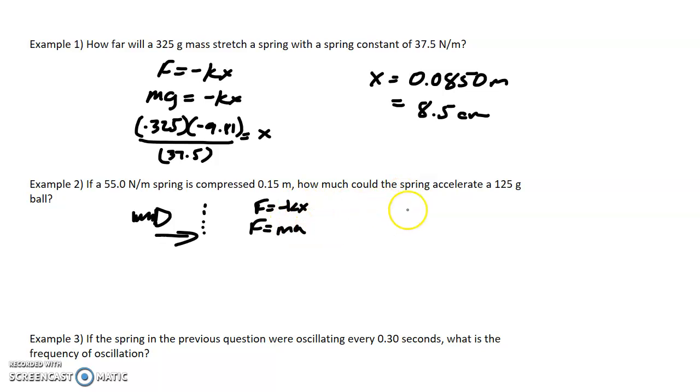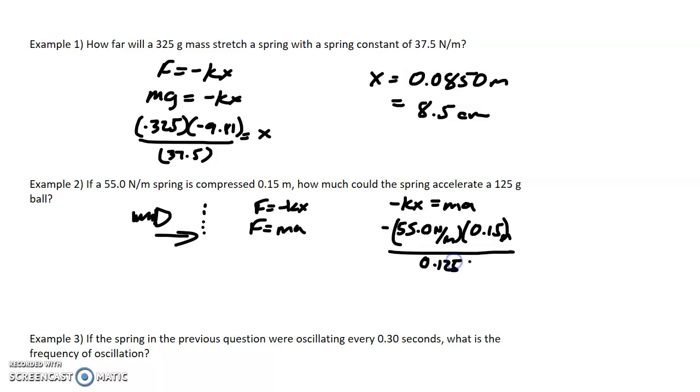So we can actually equate these two. So negative kx is equal to ma. The spring constant we've been given is 55 newtons per meter. It is compressed 0.15 meters. We're going to divide that by the mass of 0.125 kilograms, which will get the acceleration.